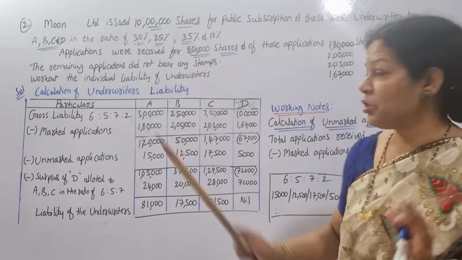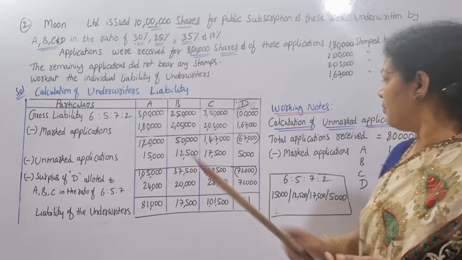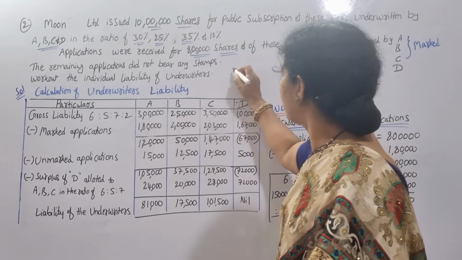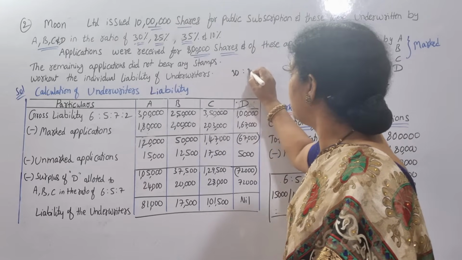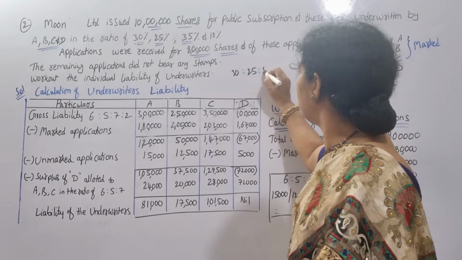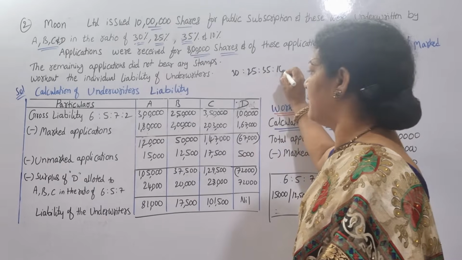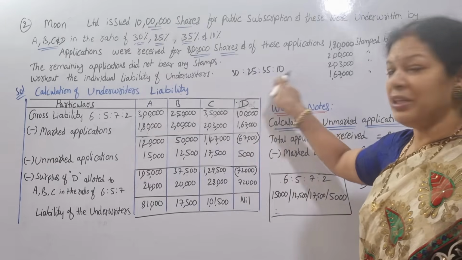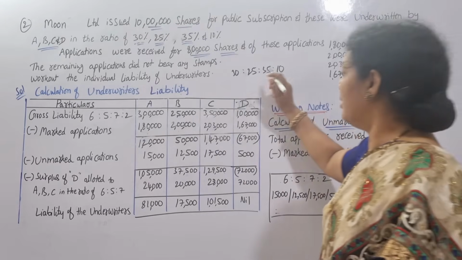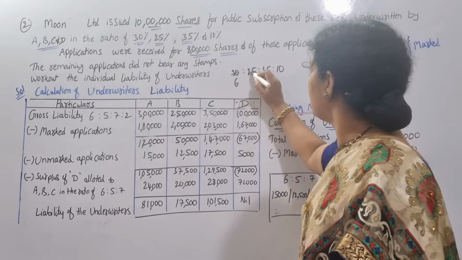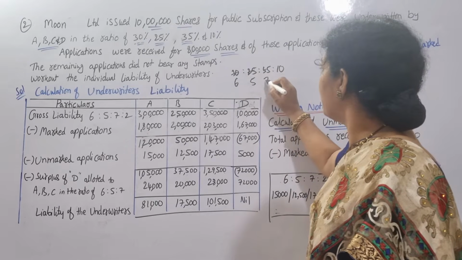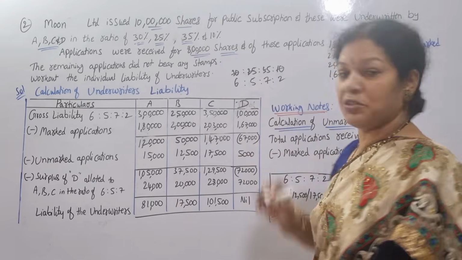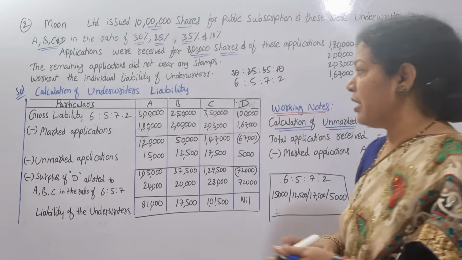Immediately you have to write the ratio of this gross liability: 30 is to 25 is to 35 is to 10. We can still simplify this by dividing by 5, so it comes to 6, 5, 7 and 2. So the ratio is 6 is to 5 is to 7 is to 2, and I have written the same ratio over there.